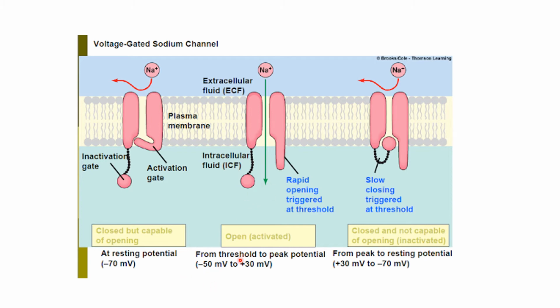It goes from minus 50 millivolt to plus 30 millivolt, for example. And at plus 30 millivolt, these positive charges are now enough to push this inactivation gate, because it is made up of positive amino acids. So these positive charges push it back into the sodium channel, and no more sodium can enter into the cell.